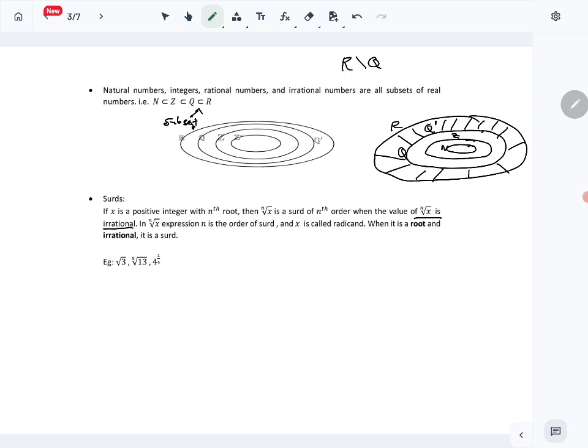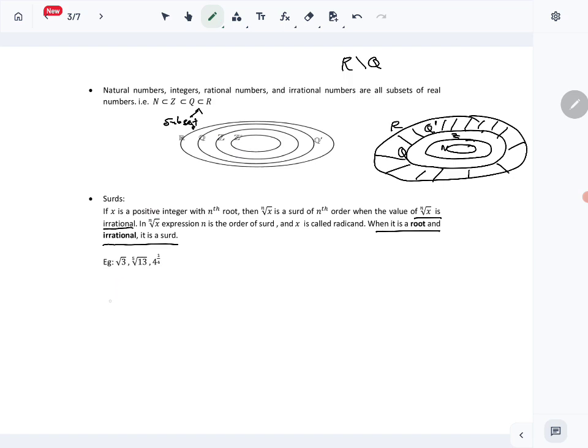When this value becomes irrational, then this is called a surd of nth order, right? In this expression, n is the order of the surd, and x is called the radicand. Whatever we put inside the root is called the radicand. This is something you can remember to easily identify a surd: when it is a root and irrational, it is always going to be a surd, right?